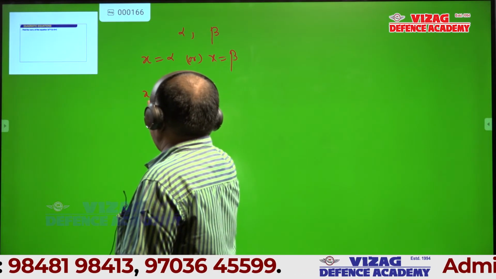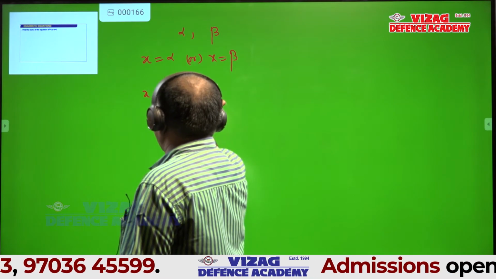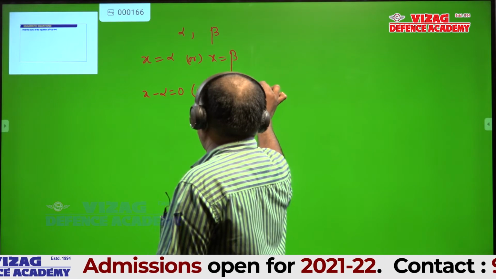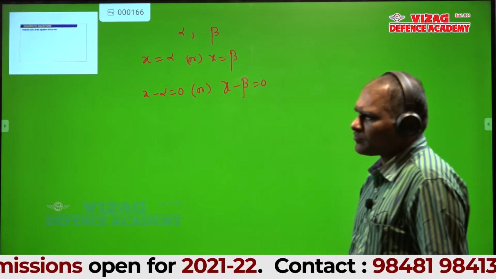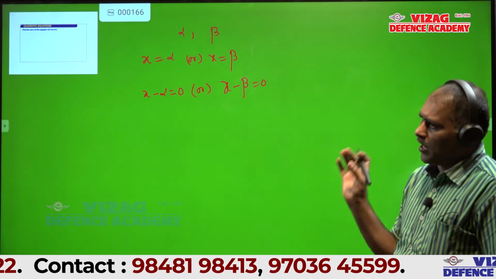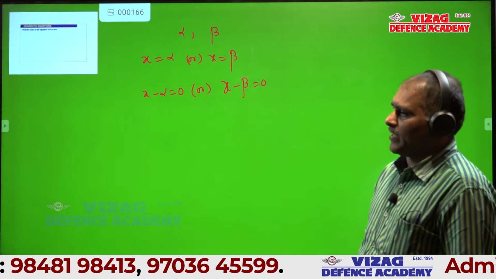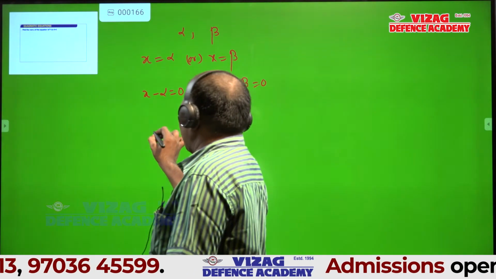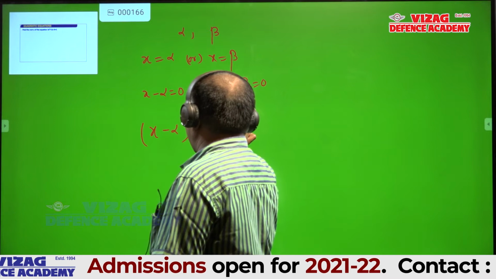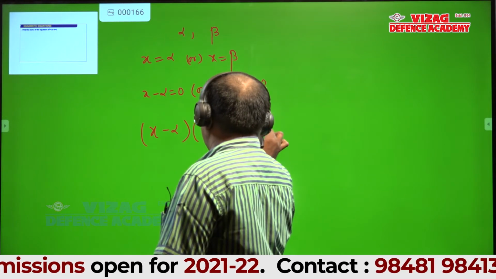Therefore, x minus alpha is equal to 0 or x minus beta is equal to 0. That means x minus alpha into x minus beta is equal to 0.